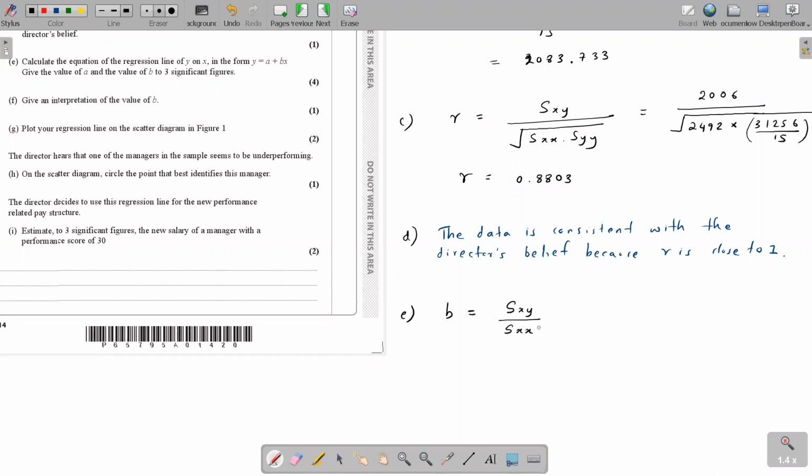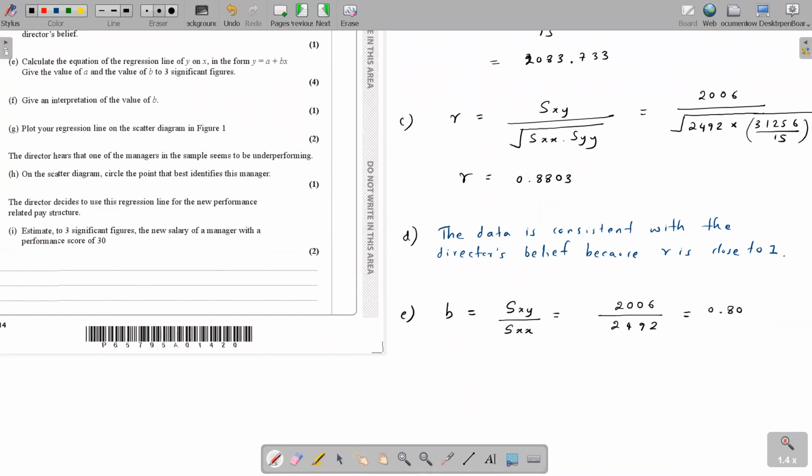You have to remember these equations. So Sxy value was 2006, agreed? Sxx value is 2492. How much is b?